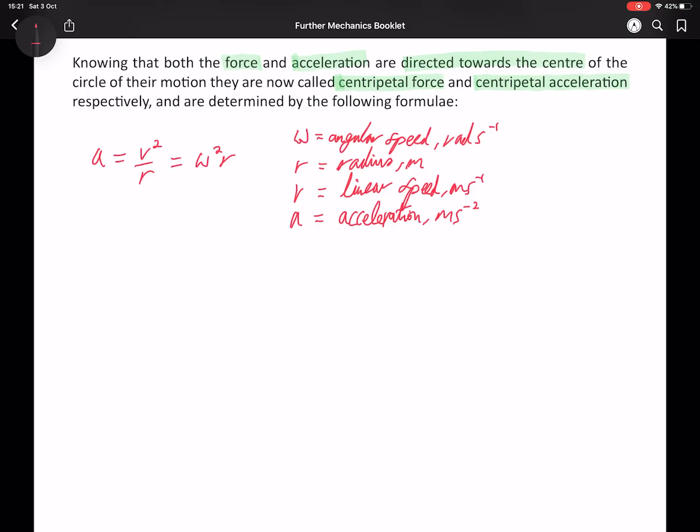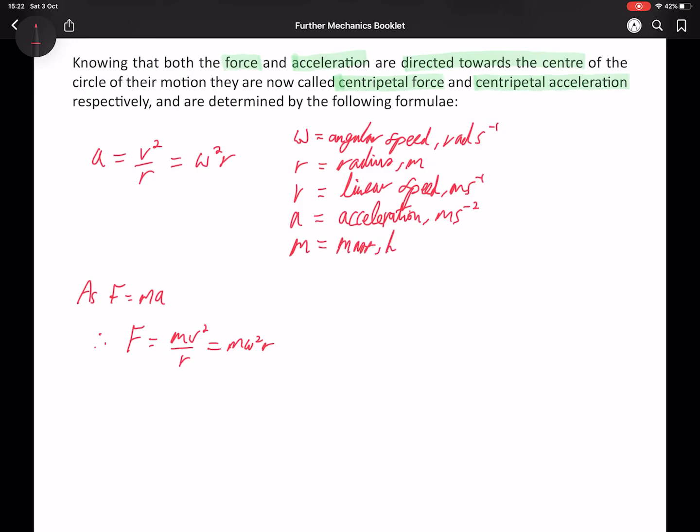Now, for force, it's actually a very simple recognition of the fact that F equals ma, as we've already said. So if that's the case, all we're doing is multiplying through the above equation on acceleration by m. So F equals mv squared over r, and it also equals m omega squared r.